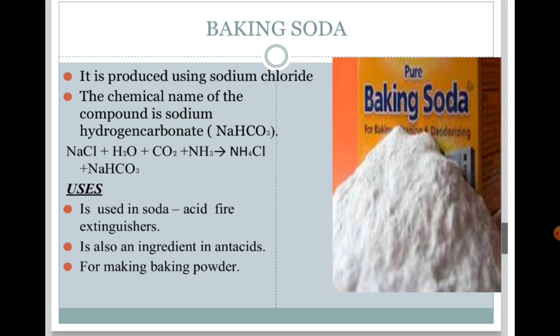NaCl plus H2O plus CO2 plus NH3 gives NH4Cl plus NaHCO3. Baking soda is used in soda-acid fire extinguishers. It is also an ingredient in antacids and is used for making baking powder.